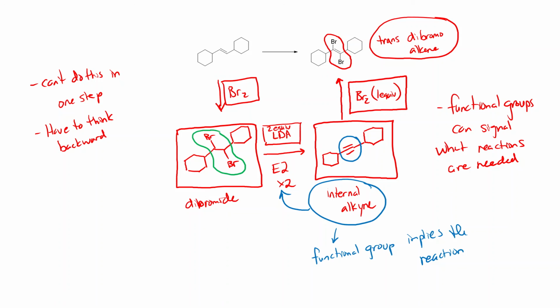And this is the last functional group that I'm really going to worry about, because now I say, okay, the dibromide, how do I make a dibromide like this? That leads me to bromination. And then we notice, of course, eventually this is going to sync back up with the starting material. The starting material is an alkene, and if I brominate an alkene, I get exactly the dibromide that I want.